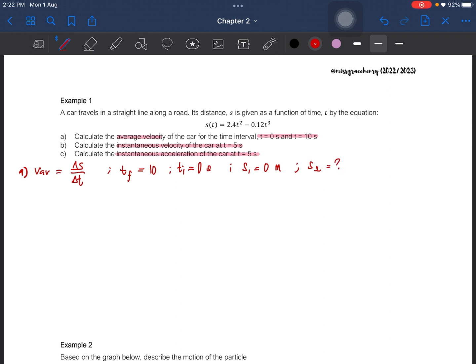How do we do that? We substitute t, this is equation 1, let me just label that. Substitute t equal to 10 seconds into equation 1.